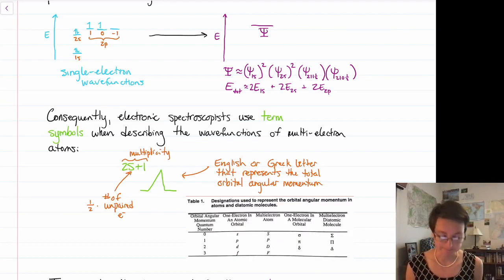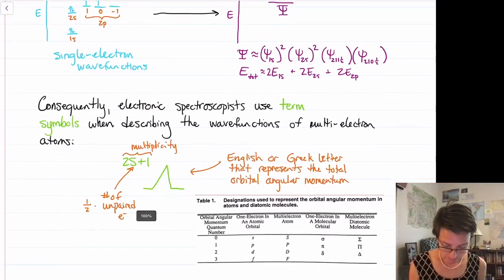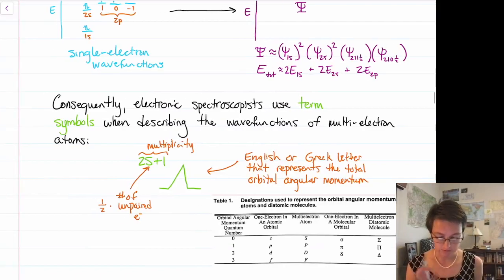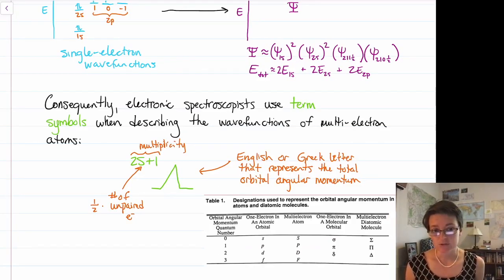That's a triplet state. The second piece of our term symbol notation is we're going to use an English or Greek letter to represent the total orbital angular momentum of the system. What letter we choose to use depends on what type of system we're considering. So there's different notations and different letters for our hydrogen-like atoms, which should be familiar: lowercase s, lowercase p, lowercase d, lowercase f, to depict our L values, that orbital angular momentum term.